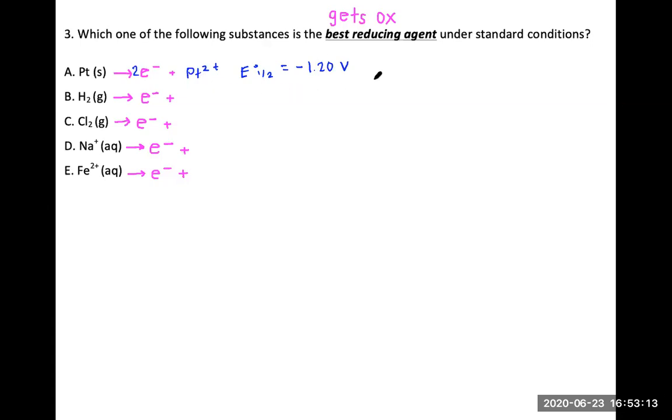So to figure out this negative 1.20 volts, I looked on the data sheet for where platinum 2+ was being reduced and flipped the reaction to get the oxidation of the platinum metal. And so then I had to flip the sign on this potential.